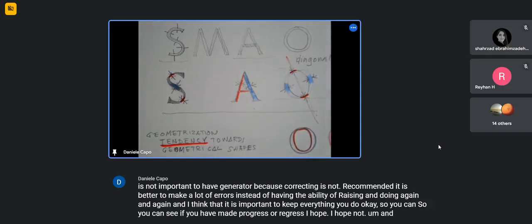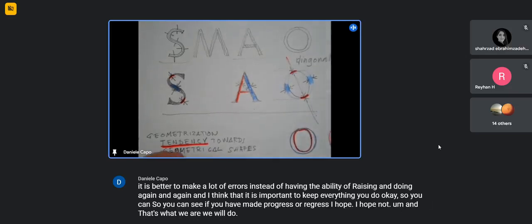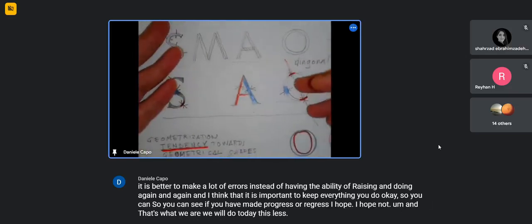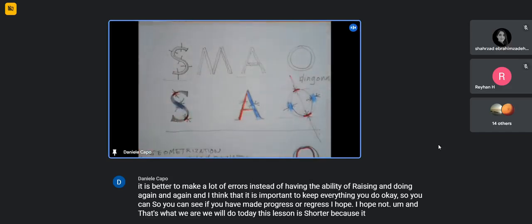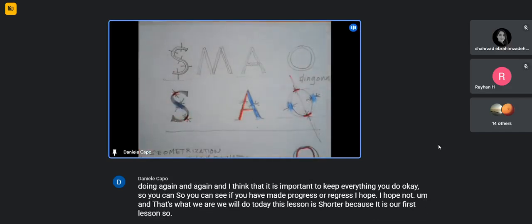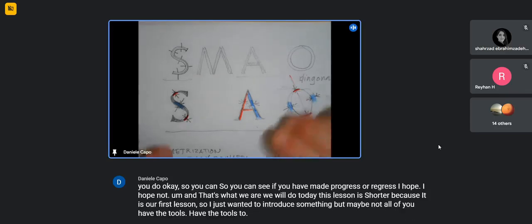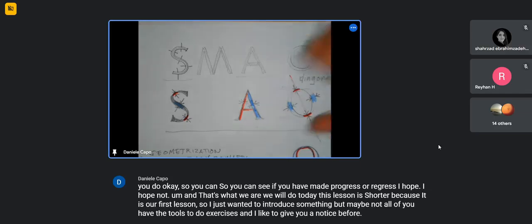And that's what we will do. Today, this lesson is shorter because it is our first lesson. So I just wanted to introduce something, but maybe not all of you have the tools to do exercises, and I'd like to give you notice before.